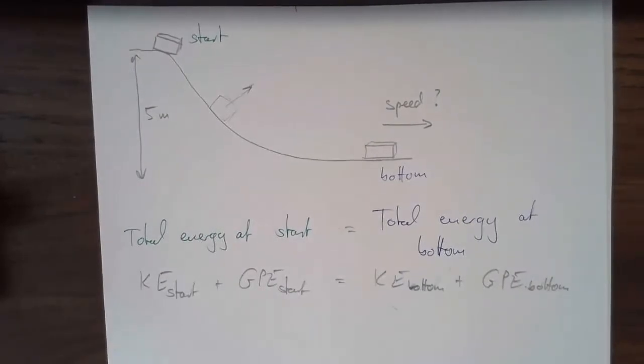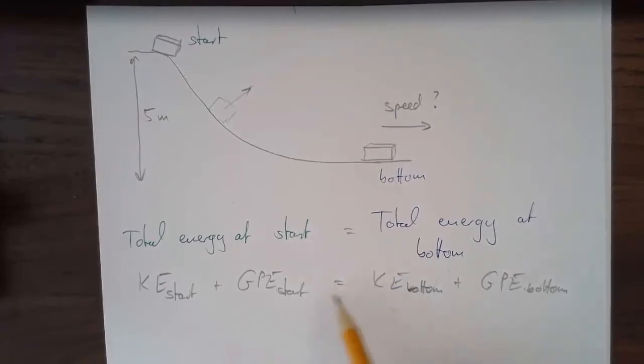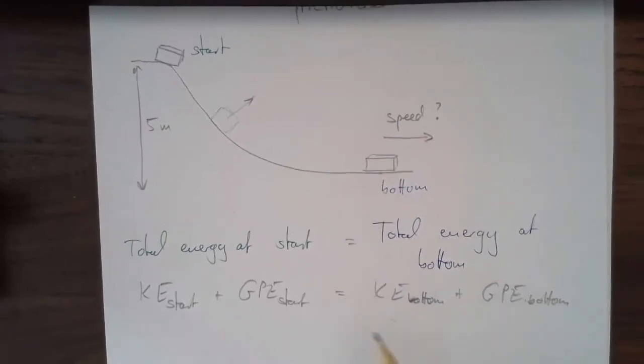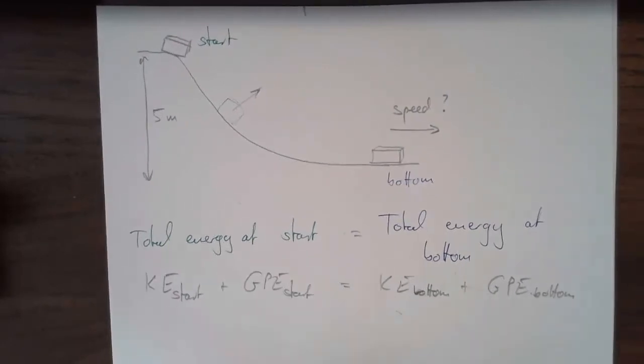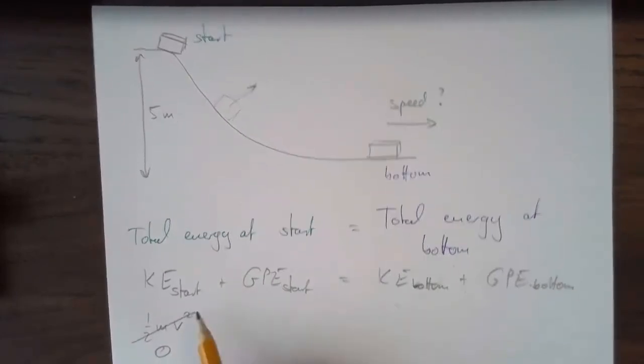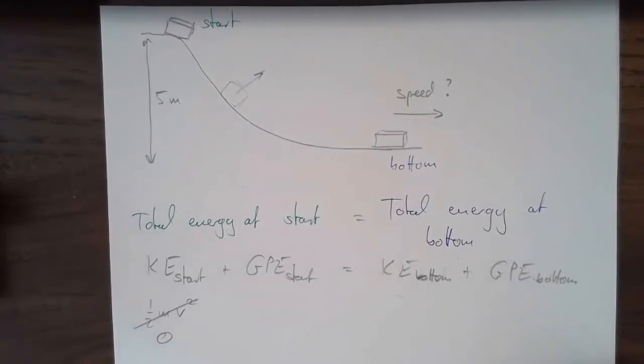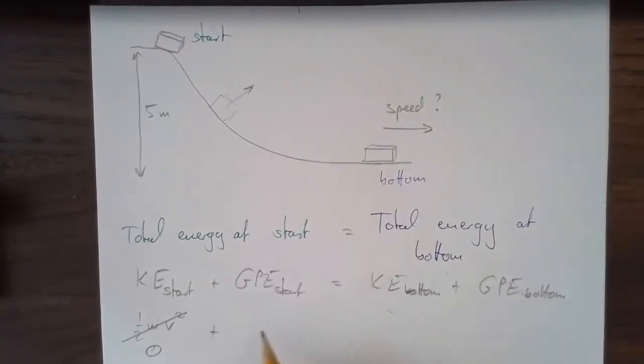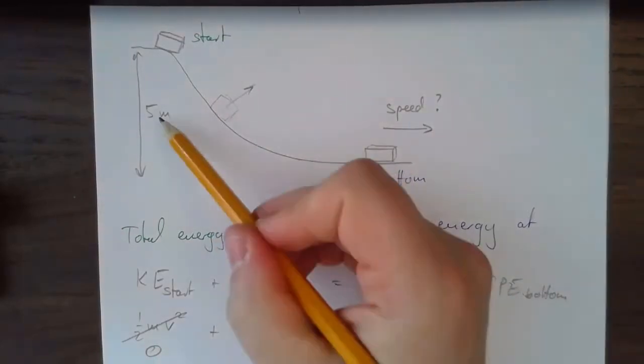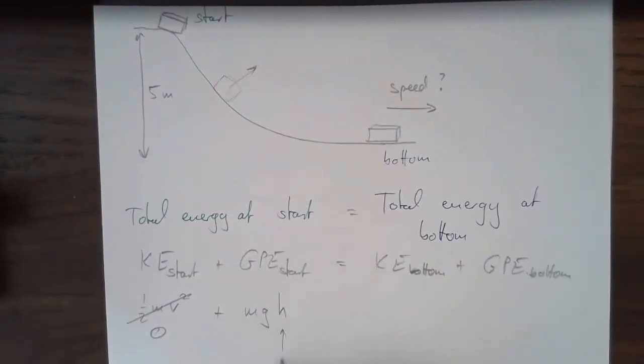So I can now ask the question, what do I know, what do I not know? Which quantities do I know? Well, initially, my kinetic energy is 1/2 mv squared, but it's just 0 because we start at 0. Plus, what's mg times height? Well, the height is still 5 meters. It hasn't changed.